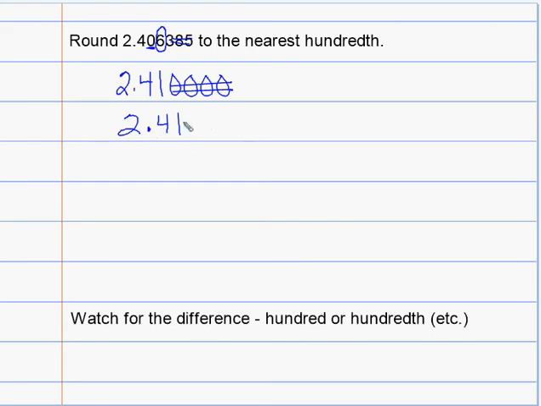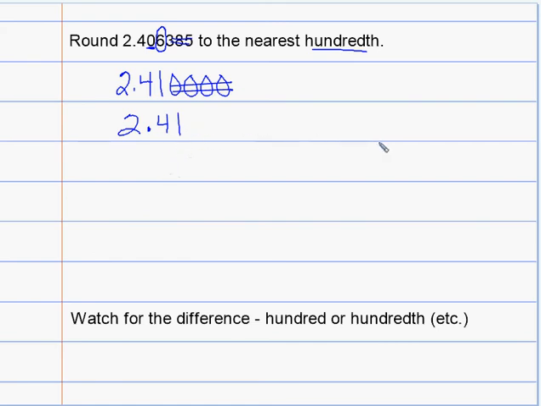And when you round to the correct place value, notice I said 2 and 41 hundredths. I needed to round to the nearest hundredth. That matched when I said 41 hundredths. So I know that I rounded it to the correct place. Now I could have still made a mistake with the rounding, but I'm going to hope that I did a good job. And we know that this is correct anyway.